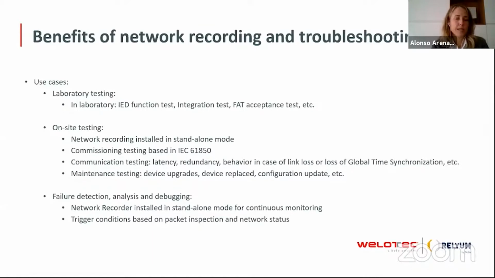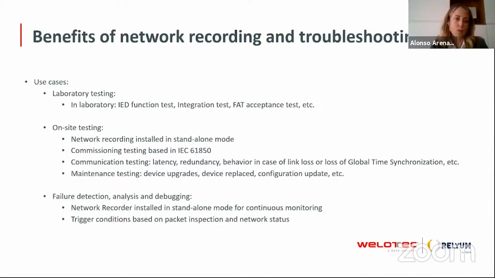Device upgrading is becoming very common in digital systems with new cybersecurity requirements, as well as device replacement and configuration upgrades. These devices can be very useful for implementing this task even remotely, without having to send technical people to the substation to do this small performance test after or before an upgrade.